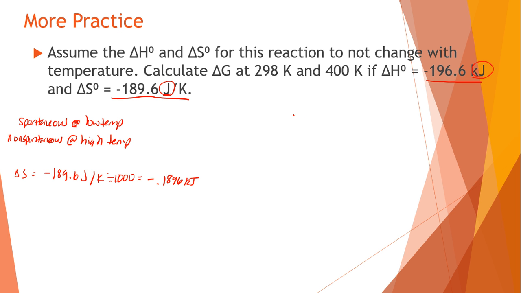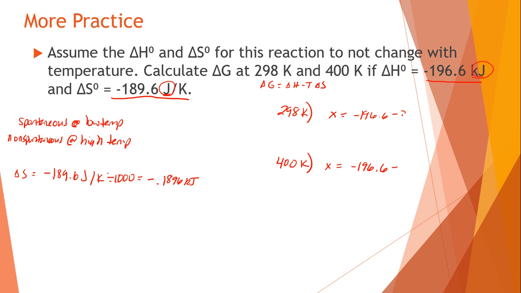From there, we can go ahead and plug into our equation. So first we're going to solve for 298 Kelvin, and we're also going to solve for 400 Kelvin. If we remember, our equation is delta G equals delta H minus T delta S. My delta G value I don't know for either one, so X. My delta H is negative 196.6, minus temperature.